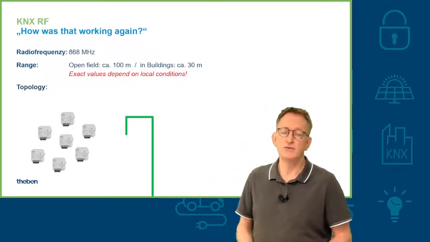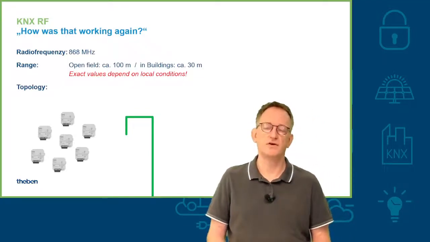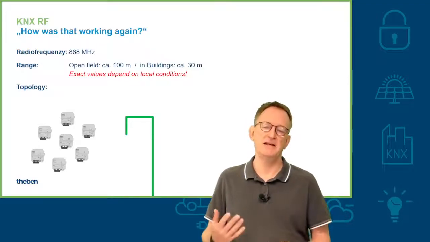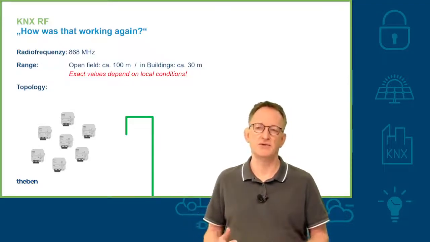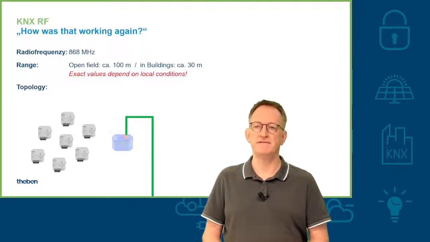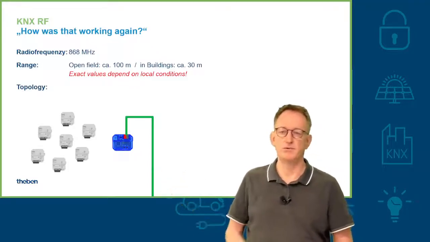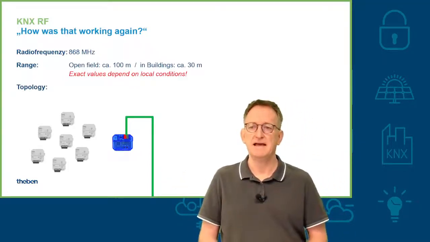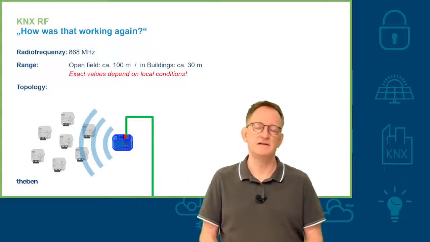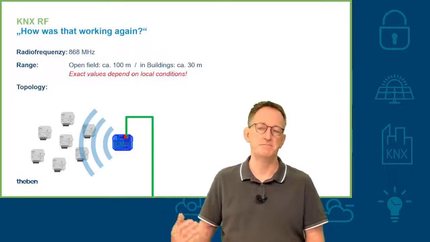If you would like to also set up and control it from a TP line, you need that green cable, and additionally, to convert the telegrams from the green cable from KNX TP to RF, you need the media coupler. That's our blue device here. All of these devices are assigned to that media coupler, and they are communicating via RF in both directions.